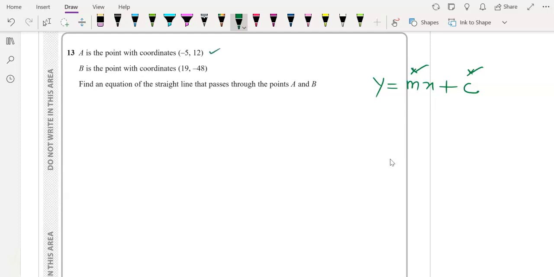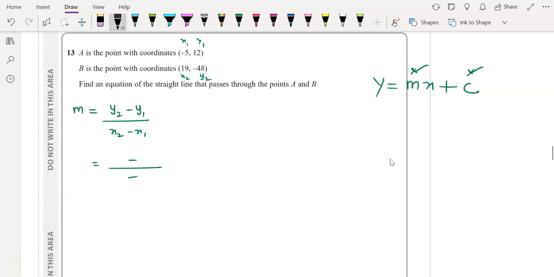So to find the slope, we can use the formula. The formula for gradient, or slope, is difference in y upon difference in x. Suppose let's mark the point. So this one is x1, y1, and the second point is x2, y2. So let's substitute.